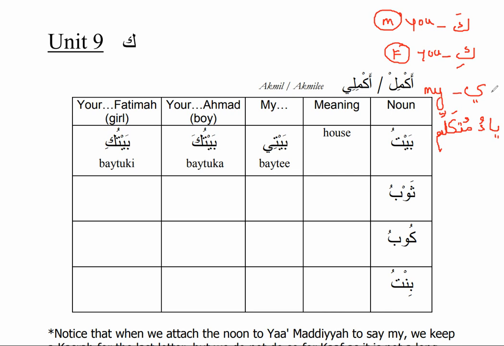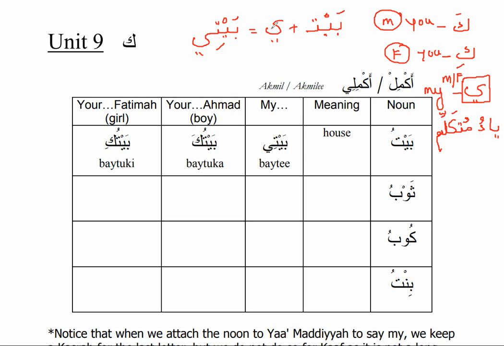So when you add this damir to a noun, this also shows possession, and it is used for both male and female. So if you attach it to the noun bait, ba, ya, ta, and attach the ya damir, you get baiti.